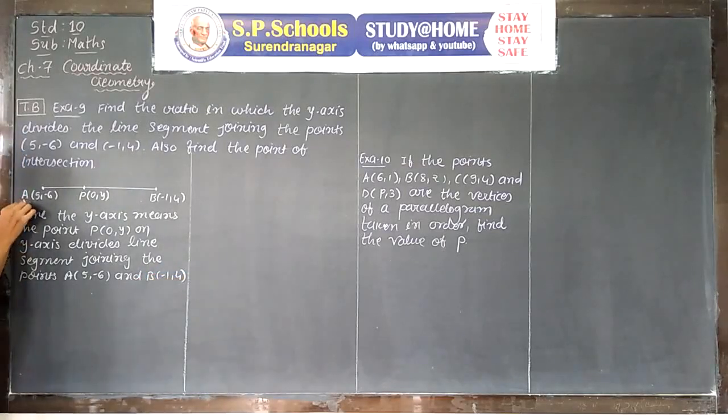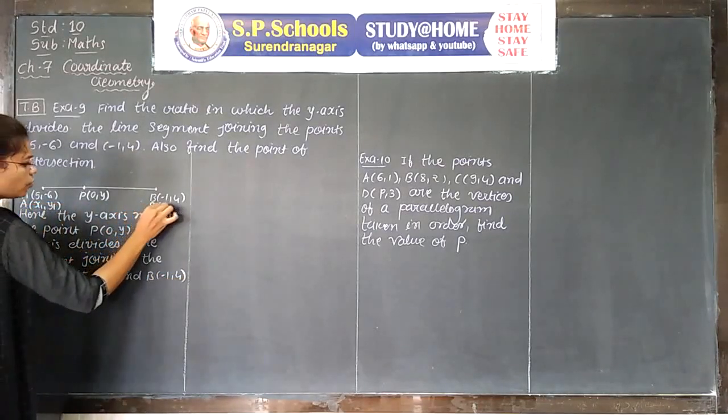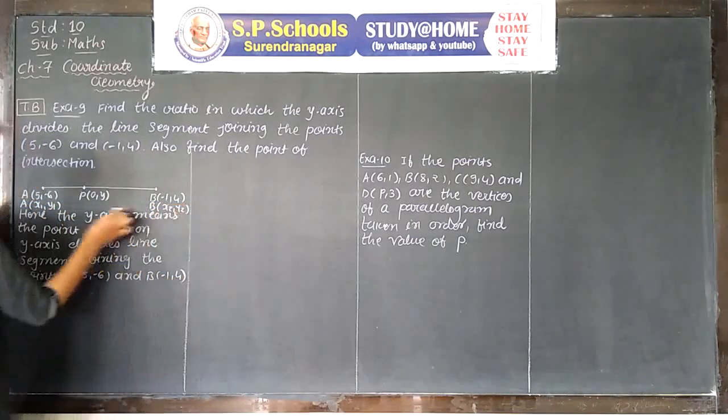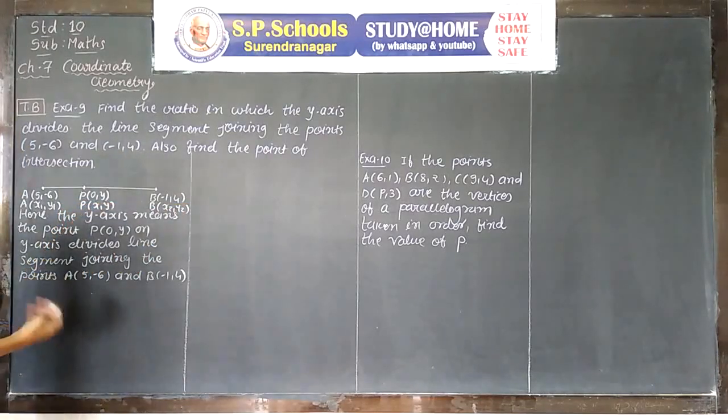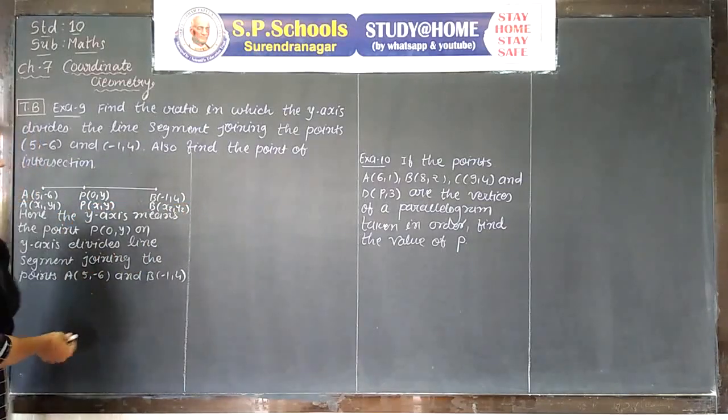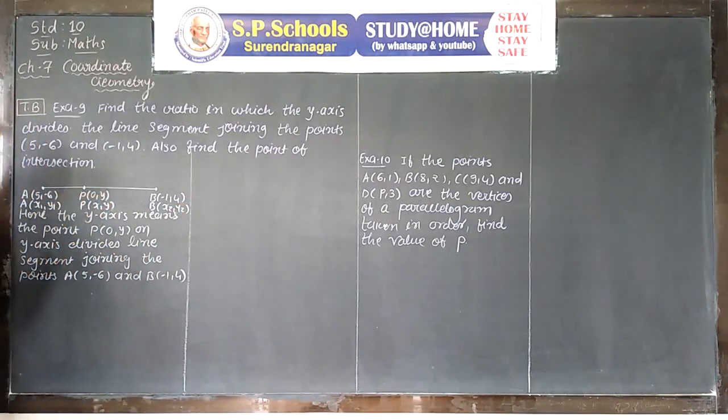We know the point A is called x1, y1, point B is called x2, y2 and the point of division is called x, y. We need to find the ratio as well as the point of intersection 0, y.